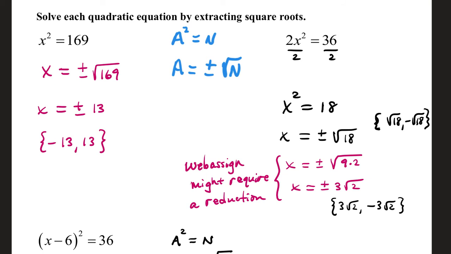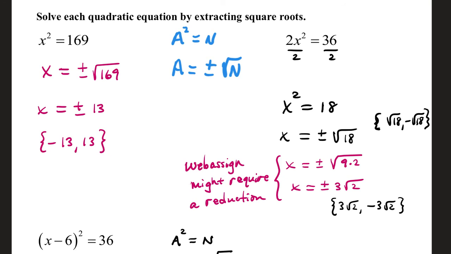I mentioned it down here at the bottom of your screen, but I didn't do that sketch up at the top. So let's get back to our problem. X squared equals 169. That tells us x will be equal to positive and negative square root of 169, which is positive and negative 13. Those are your two solutions.